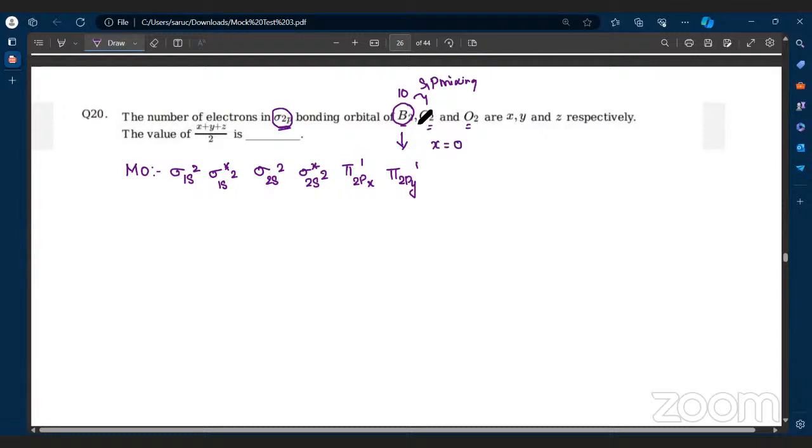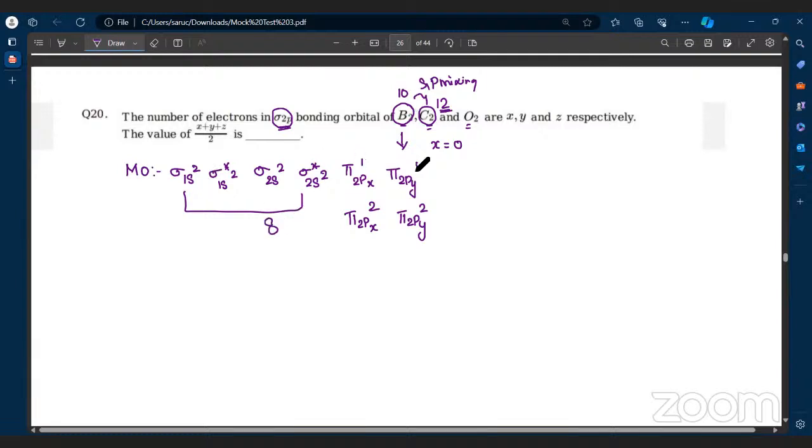Now moving to C2, the number of electrons is going to be 12. So what will happen over here? What will be the number of electrons in the pi 2px and pi 2py orbitals? 2 and 2.